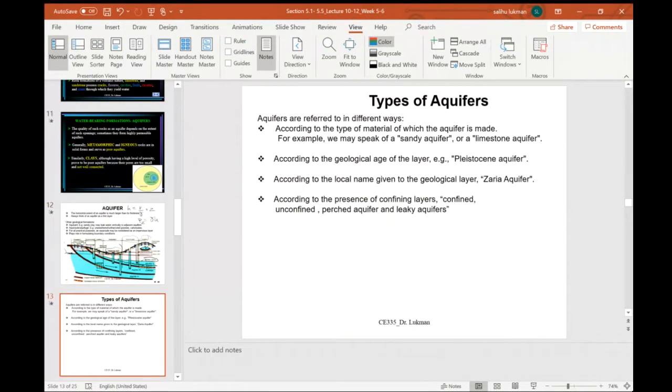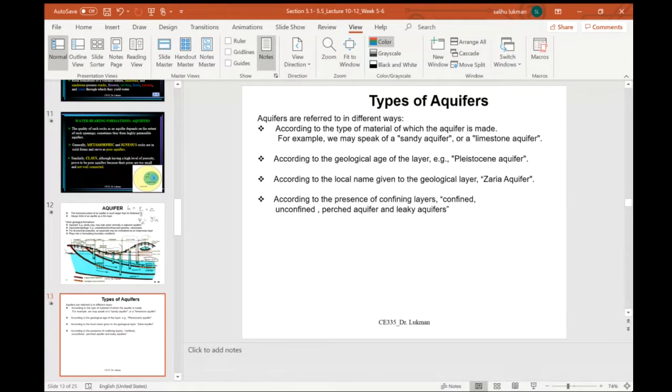Now, types of aquifers. Aquifers are referred to in different ways. I just mentioned the Mam aquifer, named according to the type of material of which the aquifer is made. For instance, we may speak of a sandy aquifer or limestone aquifer.